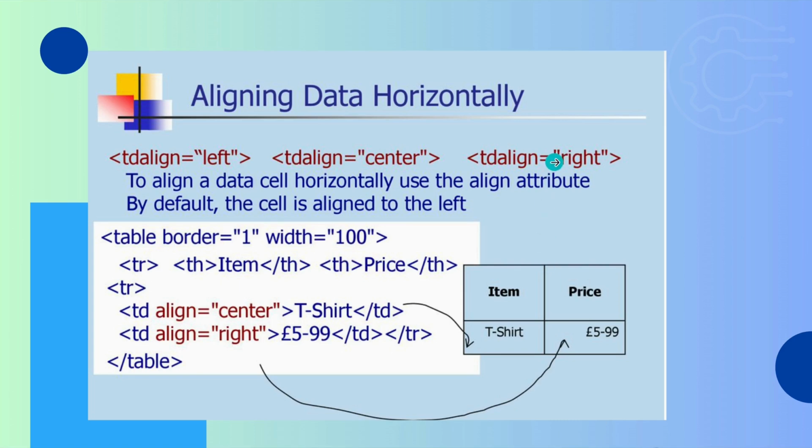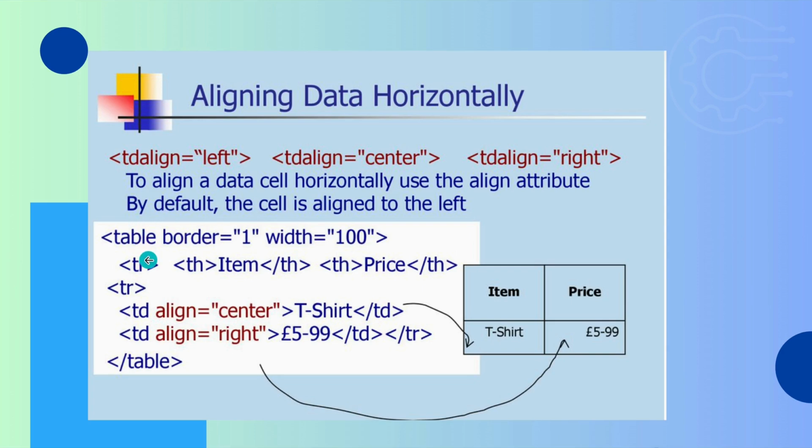Next, we have aligning data horizontally. As you can see, TD align left, TD align center, TD align right are the attributes used to align data respectively. To align a data cell horizontally, use the align attribute. By default, the cell is aligned to the left.